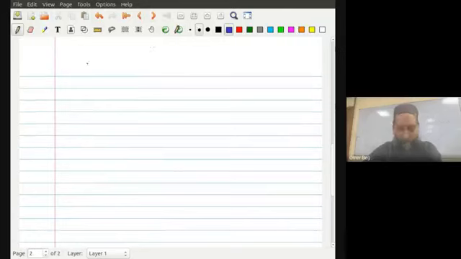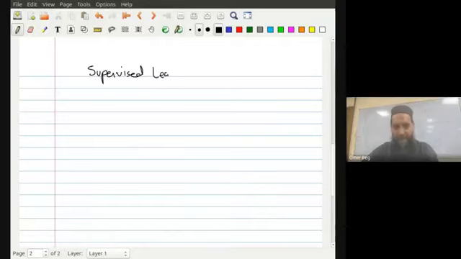So what we are going to be looking at today is a form of supervised learning, or supervised classification. So what is supervised learning?